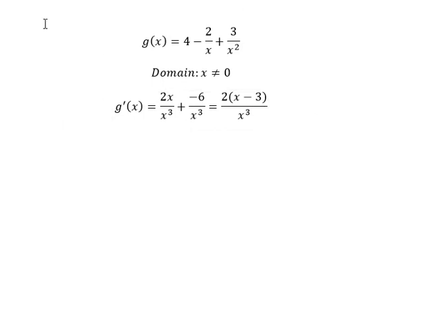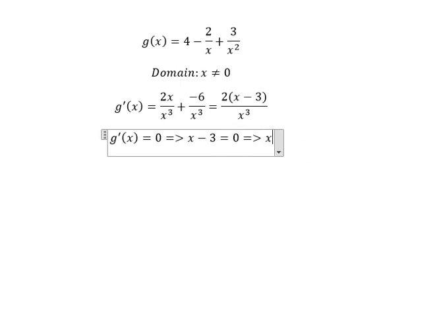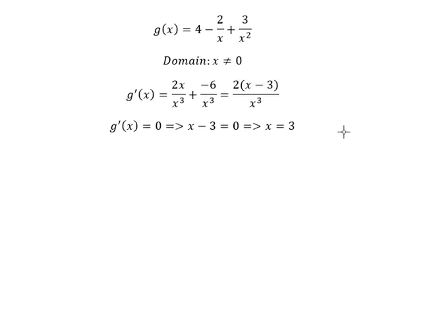2x minus 3 over x to the power of 3. So, if we want to find critical points, we need to set the first derivative of the function equal to 0. In here we have only x minus 3 equals 0, and we get x equal to 3. After we calculate everything, now we draw the table of variation.